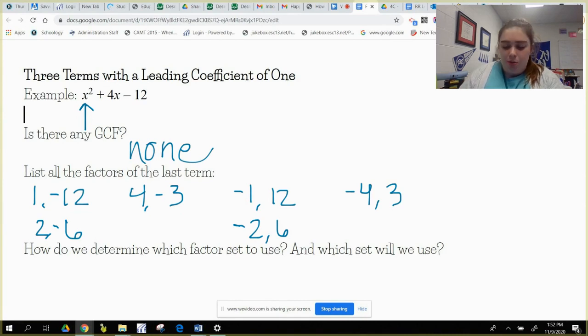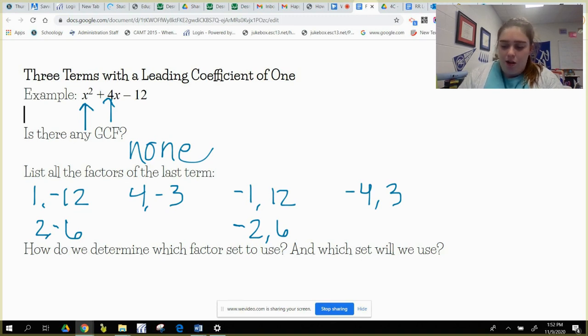So how we determine that is we're going to look at all of our sets that we've written down and see which one the numbers add up to be the middle term. Our middle coefficient is 4 right here. So which of these sets do the numbers add up to be positive 4? Okay, so that's how we determine which factor set to use.